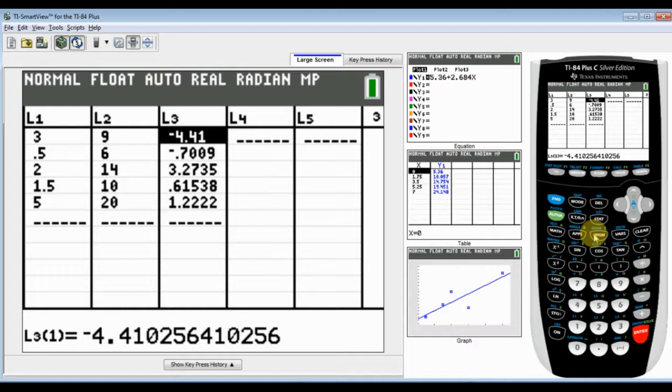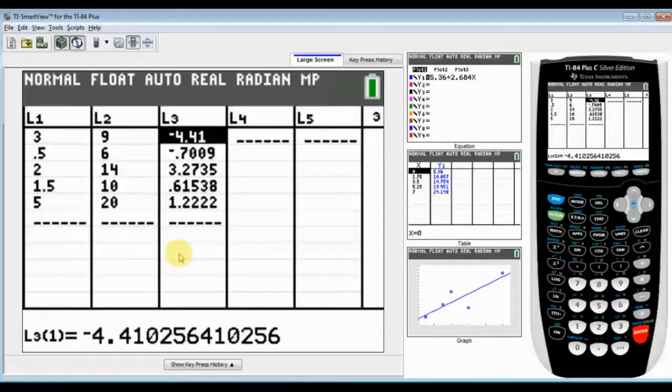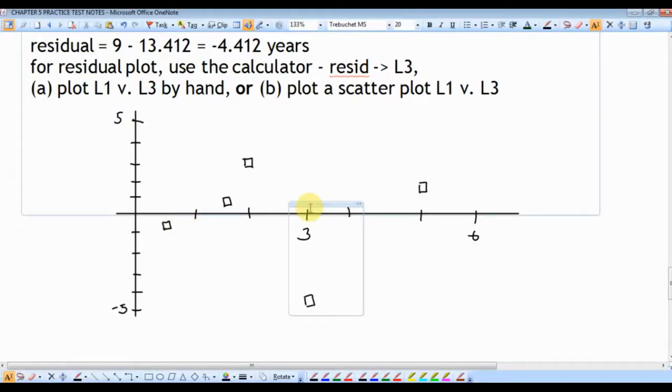Okay. Now the residual plot is nothing more than the X list, L1, against the residual list, L3. So really, you could do it by hand, estimate all of these values, and you would get this chart right over here. For example, the first one, we have 3 and negative 4.5, approximately. So we're going to go to 3, negative 4.4 is right here, and you just put your square there.